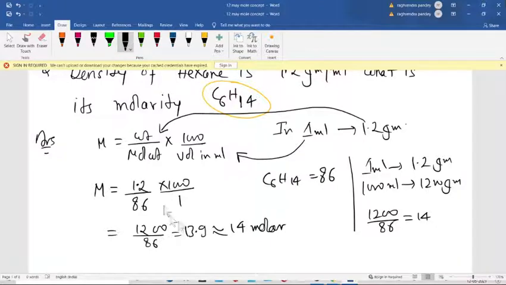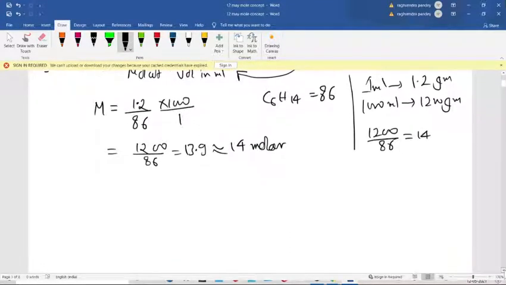These two are the same method, but the formula based approach you can use in exam, that is typically fast. If you have all the concepts clear, you can use this one also. So that is one more question.